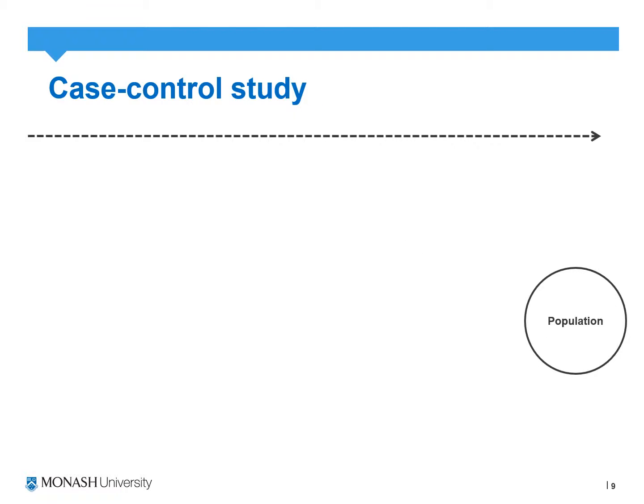So here we have our case control study. Time is moving forward, and we've got our population of interest. So typically what we're doing with a case control study is retrospectively trying to identify what may have influenced people either getting the disease or getting the desired outcome of interest compared to those that did not.